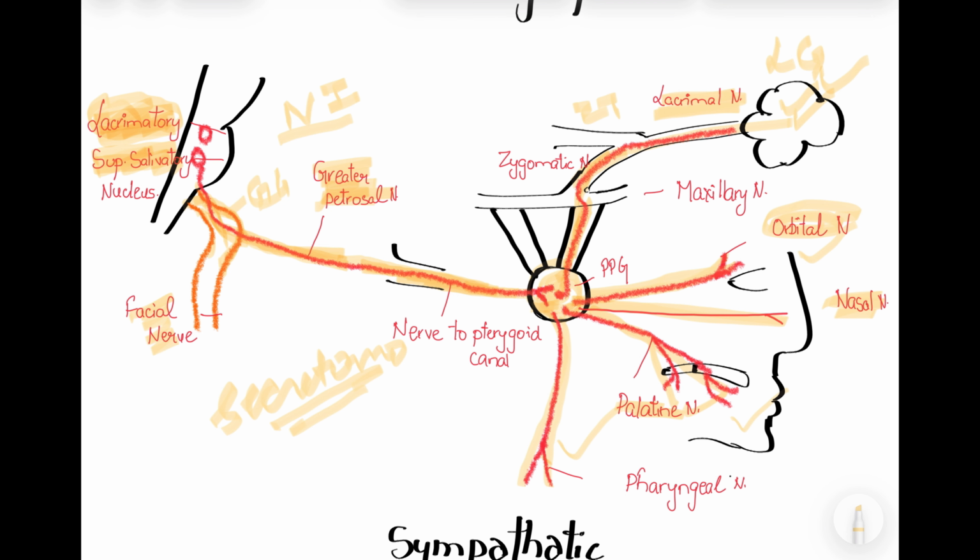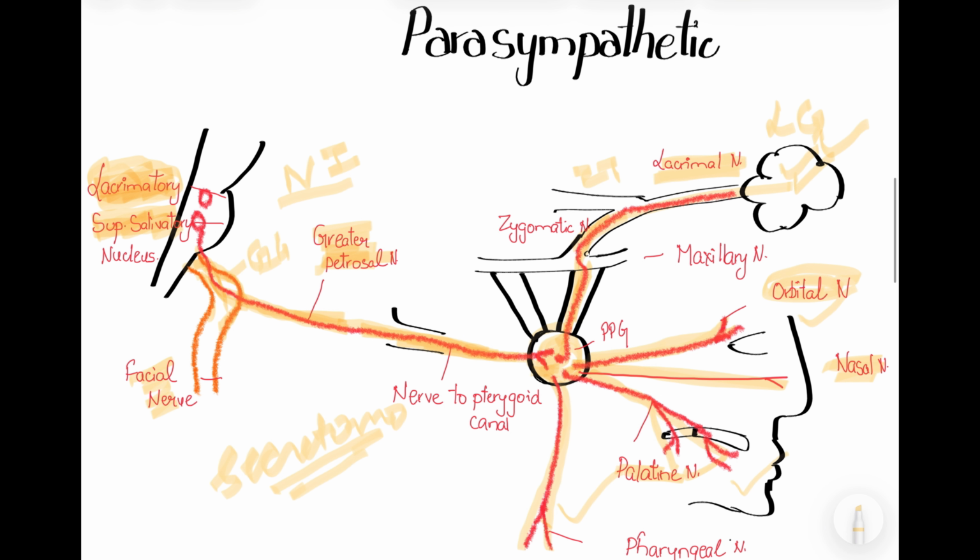These are the secretomotor or parasympathetic fibers of the pterygopalatine ganglion. The fibers before relaying are called preganglionic fibers, and the fibers after the relay are called postganglionic fibers. The relay occurs in this pterygopalatine ganglion.